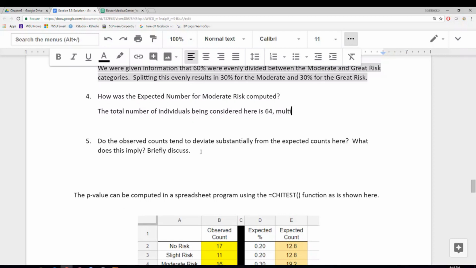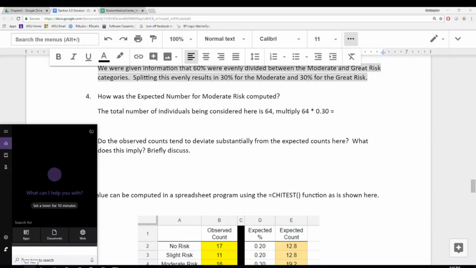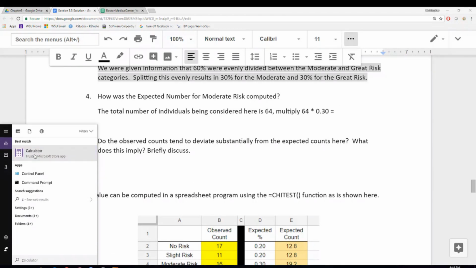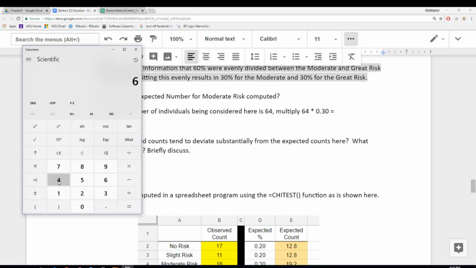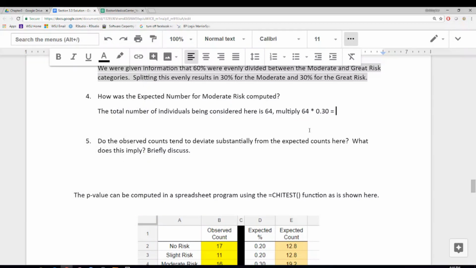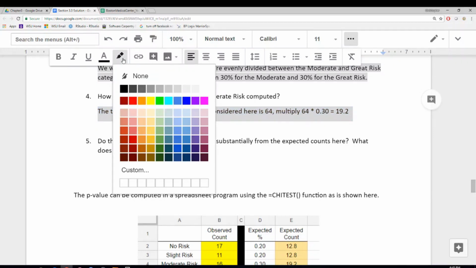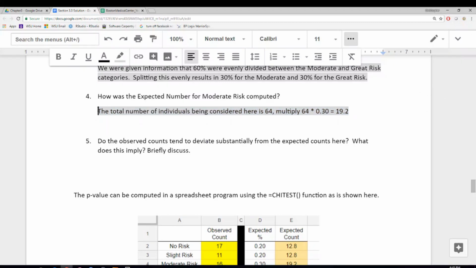We multiply 64 by that 0.30. So 64, if I grab a calculator here, 64 times 0.3, 19.2. So that's how that expected quantity of 19.2 was computed for the moderate risk group. And again, that's going to be the same as the great risk group there.